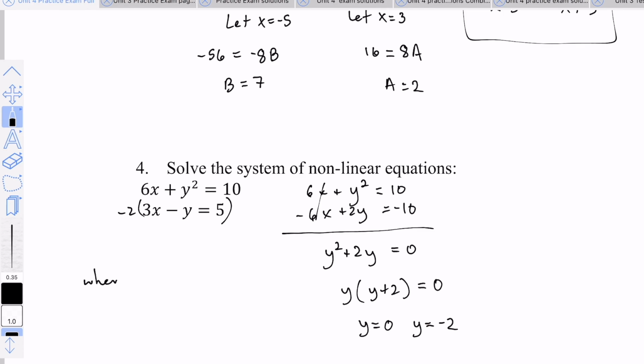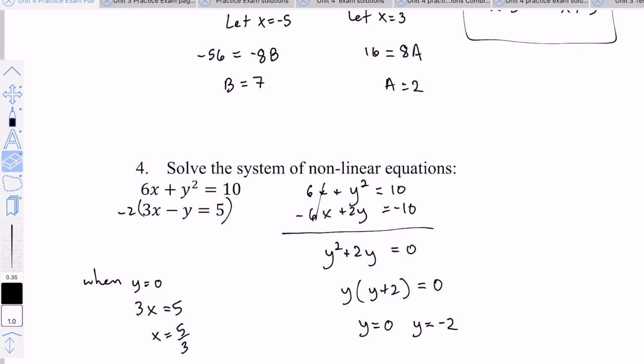So when y equals 0, I'm going to use this bottom equation here, 3x minus y equals 5. So when y equals 0, this bottom equation becomes 3x minus 0, or just 3x, equals 5, so x equals 5/3.